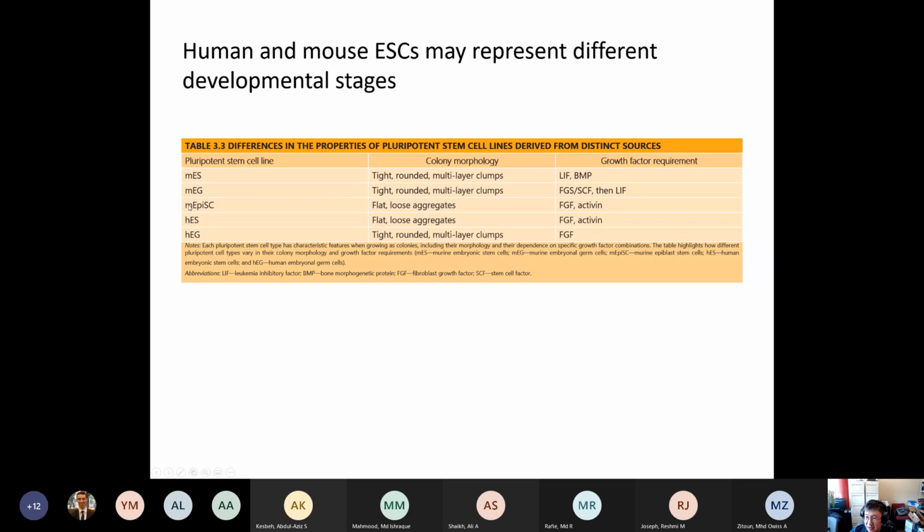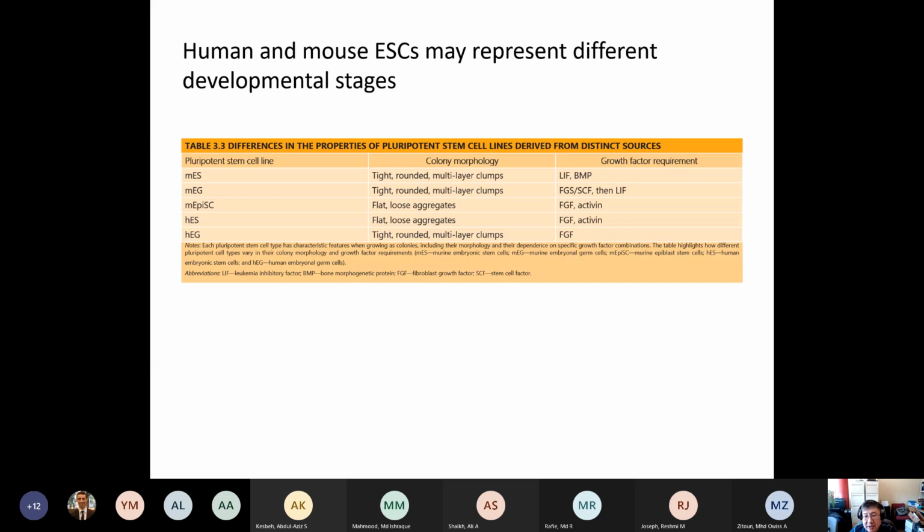The third pluripotent stem cell on this table is epiblast-derived stem cell. Again, mouse, remember, you capture the cell at a later stage, not the blastocyst stage, but the epiblast cell stage. Now if you put those cells in culture, they're more flat. You don't see the dome-like structure, they're more flat, and the aggregate is loose.